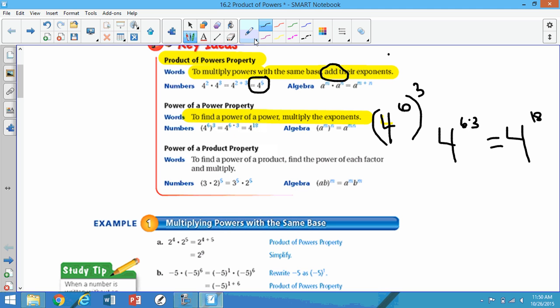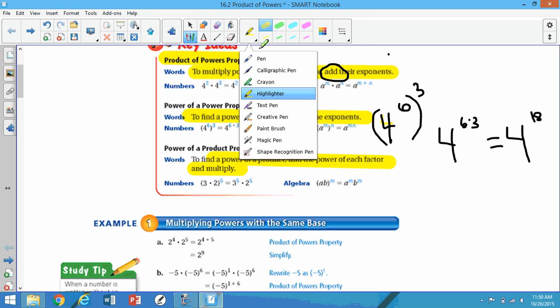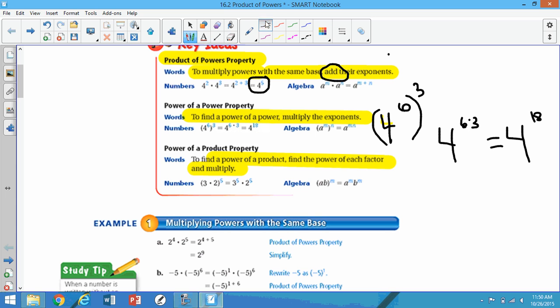Now, lastly, to find the power of a product, you find the power of each factor and then you multiply. So if you have 3 times 2 to the 5th power, you separate that to 3 to the 5th times 2 to the 5th.